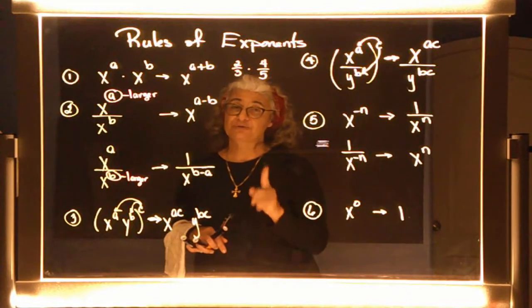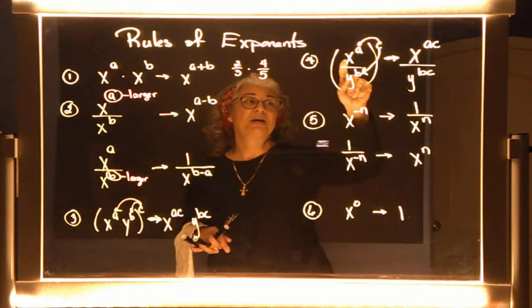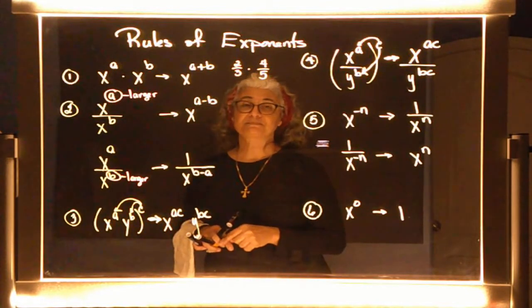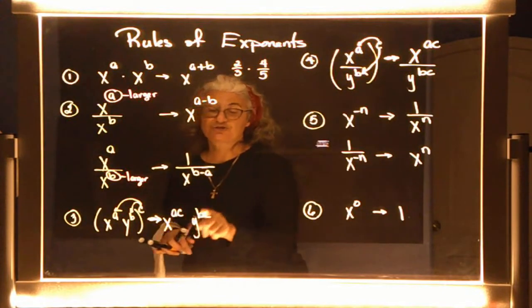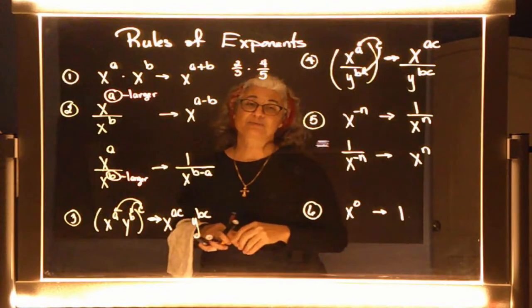Okay? Making certain you remember that. Because in order to add exponents or subtract them, your bases need to be the same. And since they are not, then you go straight into distributing the outside exponent with the inside exponents.